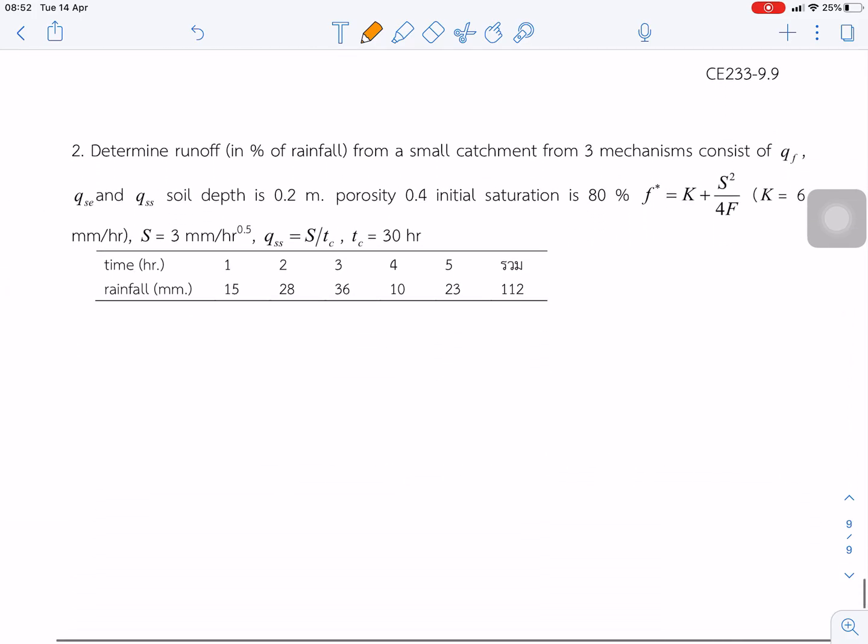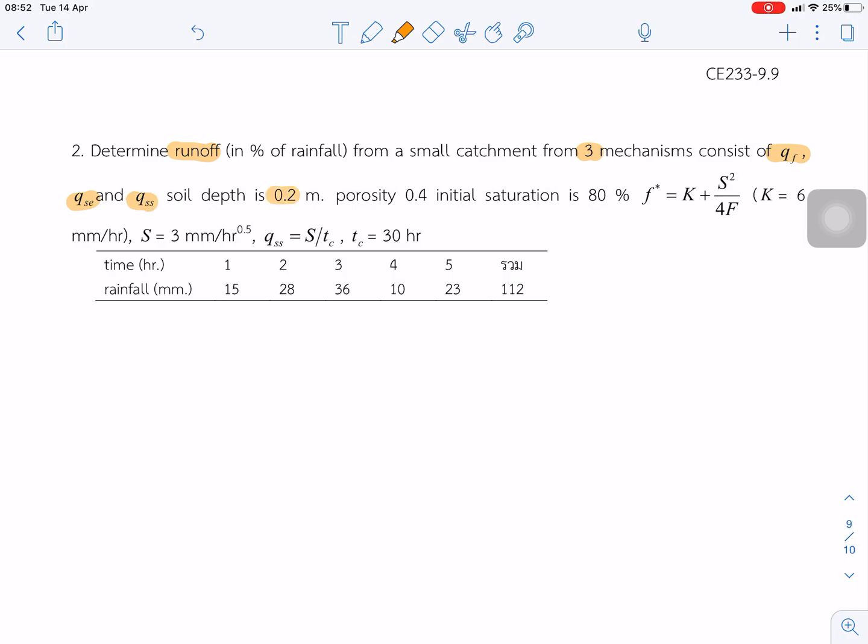For the next question, determine the runoff from three mechanisms. In the previous problem we used QS, now we use QF. It means infiltration excess runoff QF, saturation excess runoff QSE, and subsurface runoff QS.